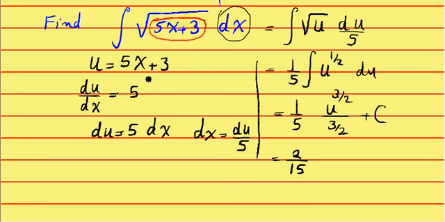U itself was this quantity, 5x plus 3. Take that and raise it to the power of 3 halves, and then I am done. So really what you did for me here was to keep track of all of these constants, additional material, so that I get this constant of 2/15 without much problem.